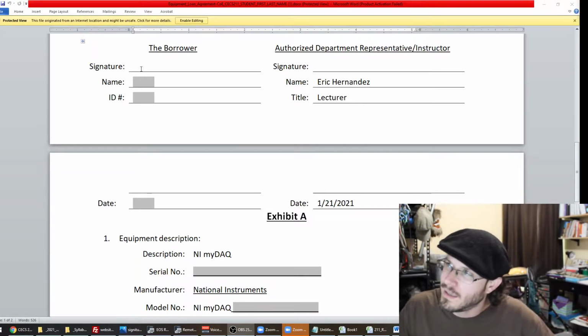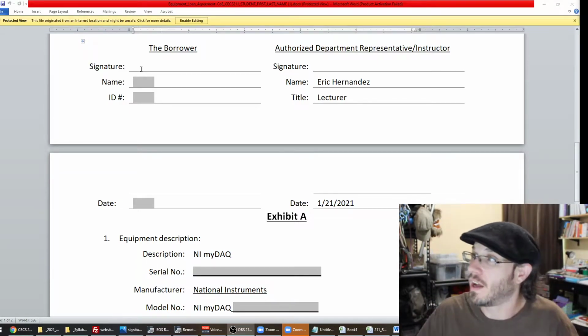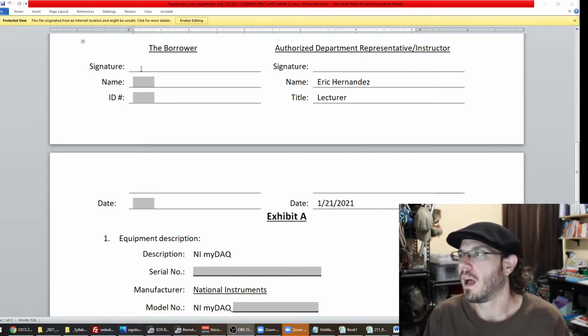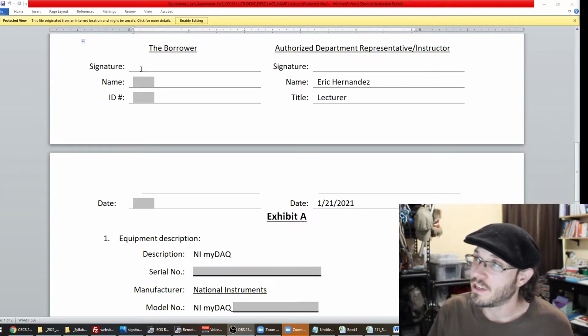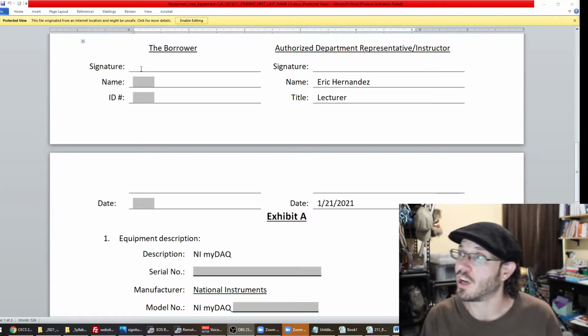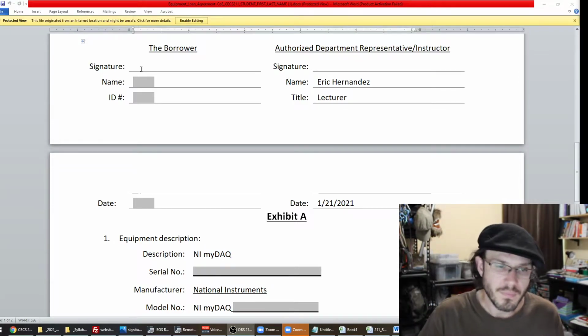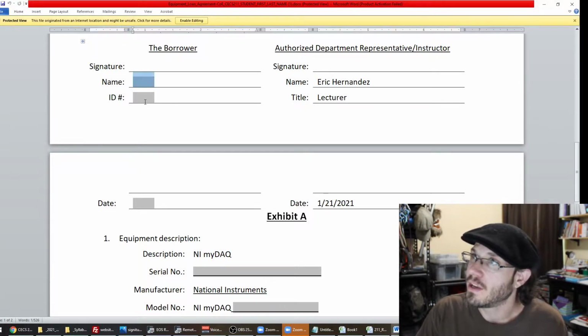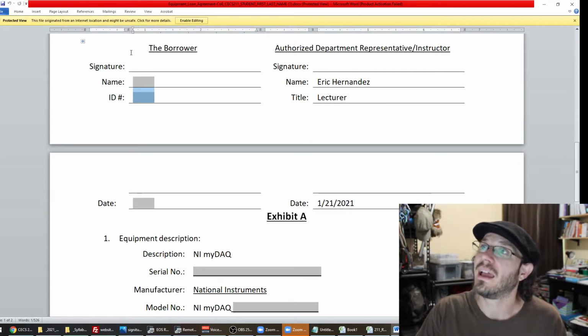Now you can type in your name and then change the font and make it look like a signature. Or you can actually take an image of your signature and put the image onto the document. And then you can put your name, your student ID, and your date on here. Okay, so signature, name, ID, and date.